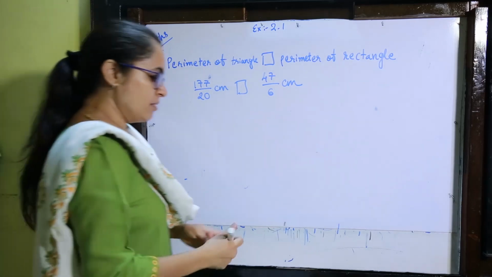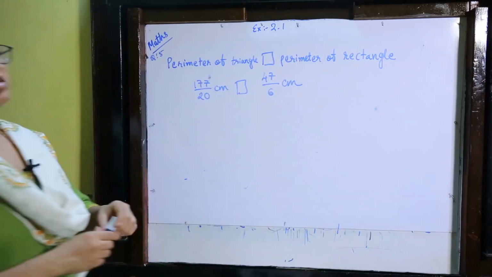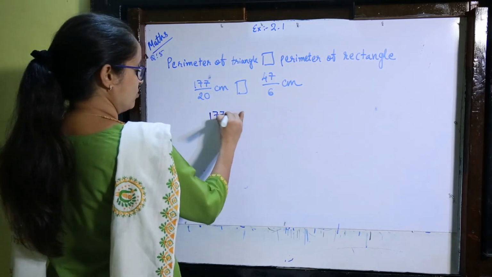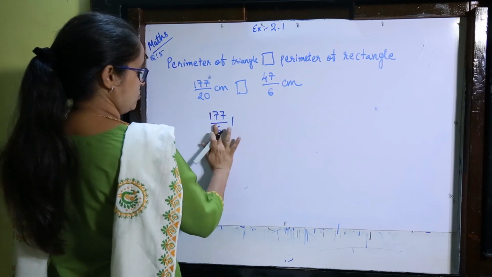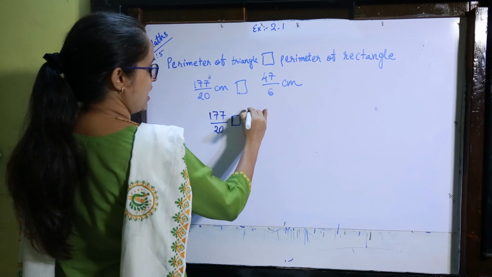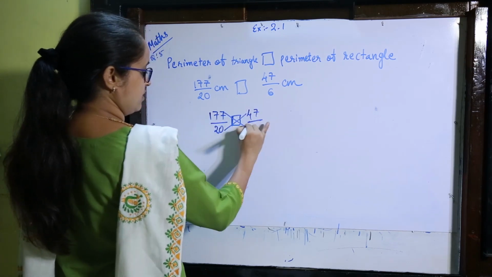That means you have to compare both the fractions. To compare both the fractions, children, it is very easy. I have already taught you how to compare. If you remember, I told you to do cross multiplication like this.